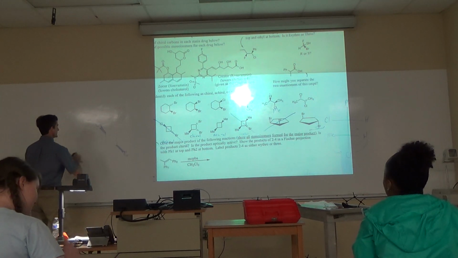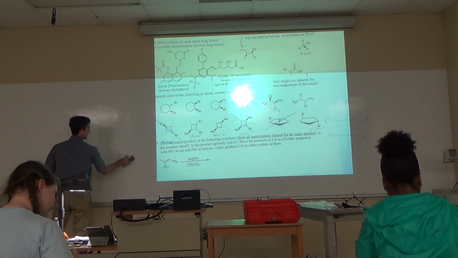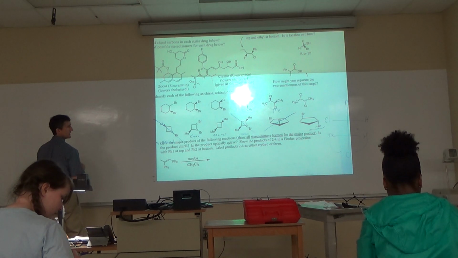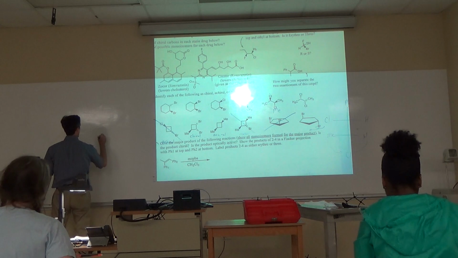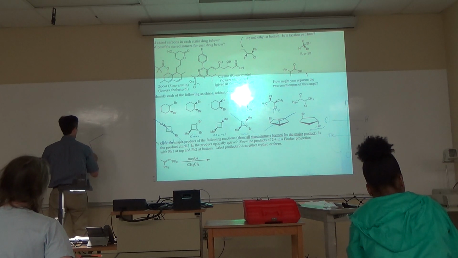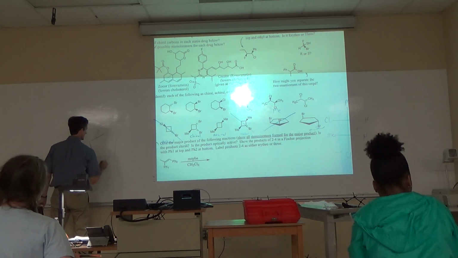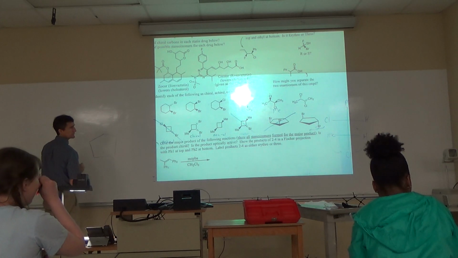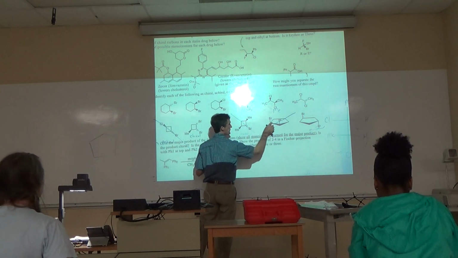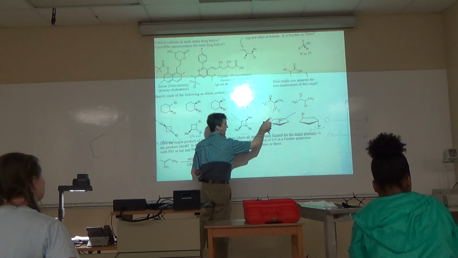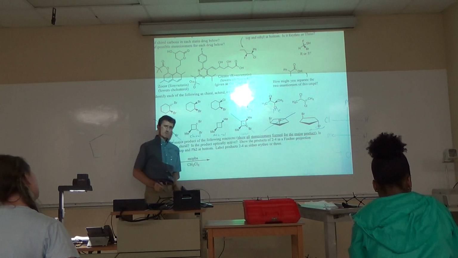Can you see that? Can you see 3D? If I redraw this, how about if I do this? Does everybody agree it's a 5-membered ring? Does everybody agree that the bromines are on adjacent carbons? They're vicinal. Also, are those bromines cis or trans?